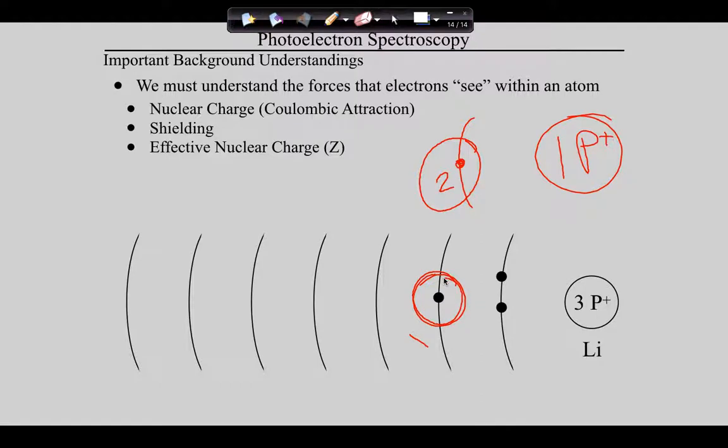Let's talk about why. We understand that lithium's got a stronger nucleus, right? So a stronger nucleus, 3 protons, we might think would bind the outer electron in lithium stronger than the outer electron over here in hydrogen. But it turns out that's not the case. Why is it that the lithium electron is easier to remove? The shielding.